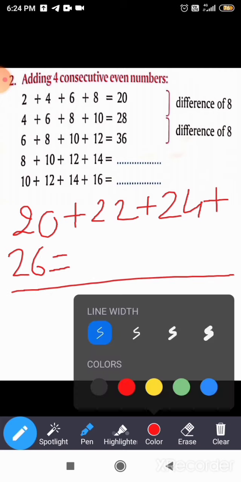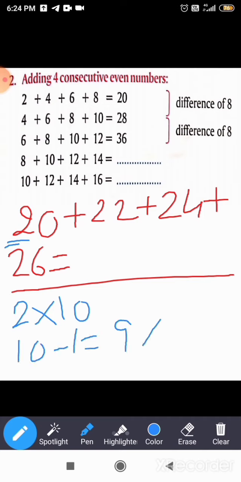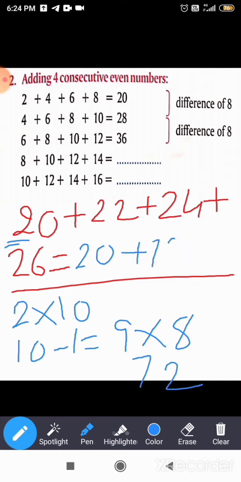Now students, see the first number of the series, it is 20. So 2 tens are 20, right? 10 minus 1 will be 9. So 9 into 8, because 9 times I'm going to add 8. So 9 8s are 72. So in 20, I'll add 72 and my answer will be 92.